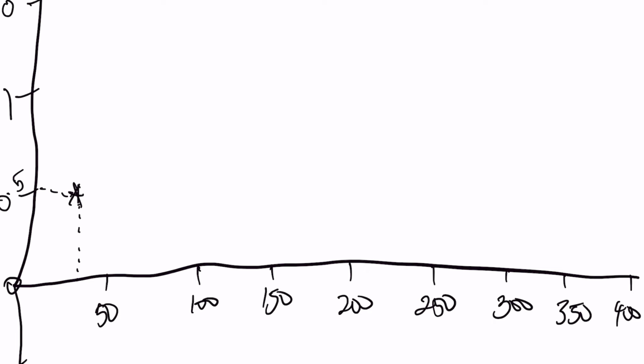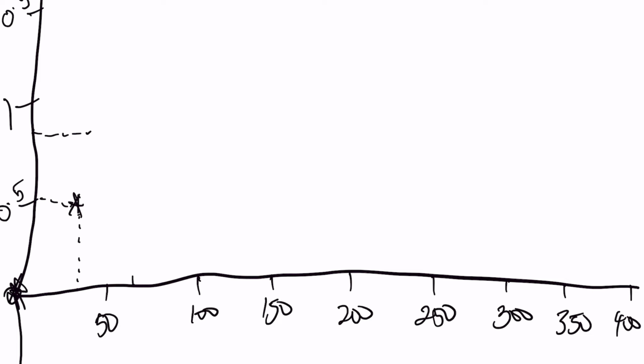Then at sine 60, we have 0.87, so at 0.87 we fall around this side. Then at sine 90 degrees, we have 1.